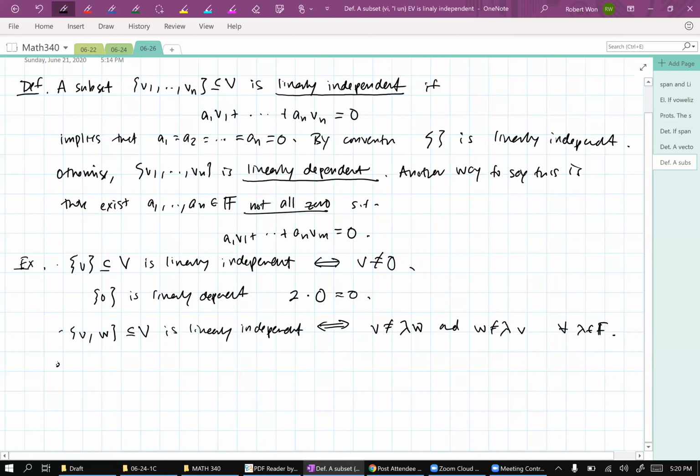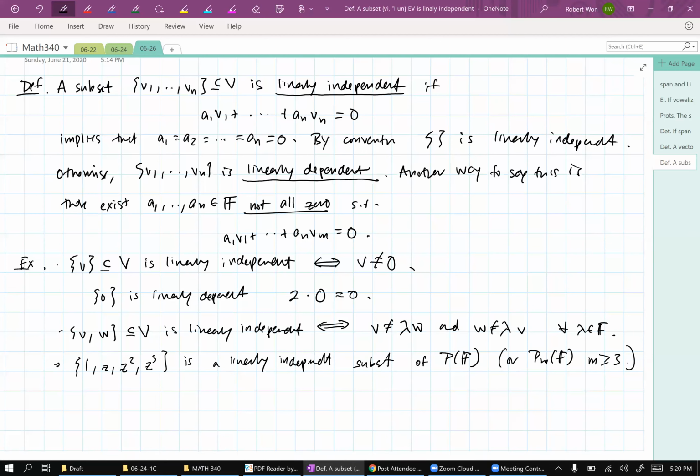Okay, our other familiar example: 1, z, z squared, z cubed. This is a linearly independent subset of polynomials of P(F), or even P_m(F) for m bigger than or equal to 3, right? Otherwise, if it's not bigger than or equal to 3, it won't contain z cubed.